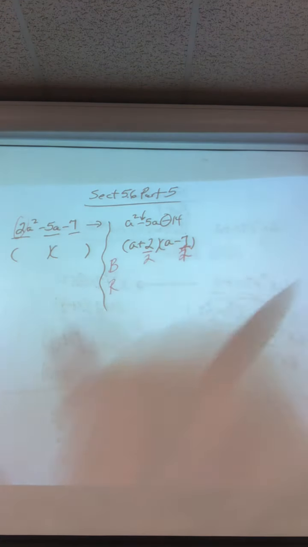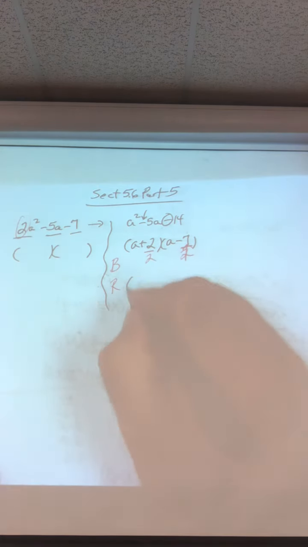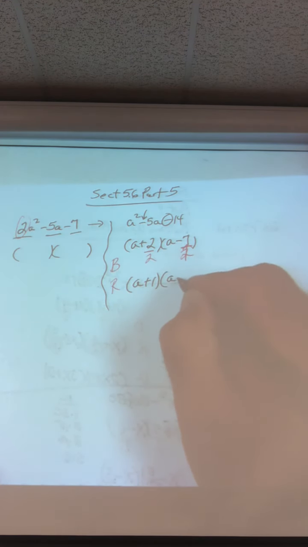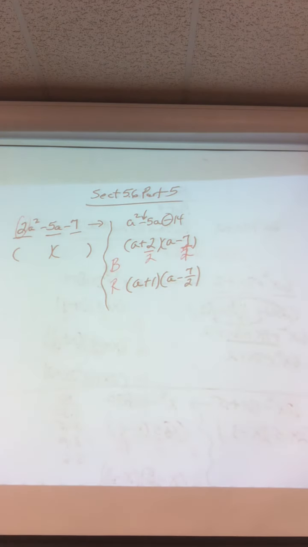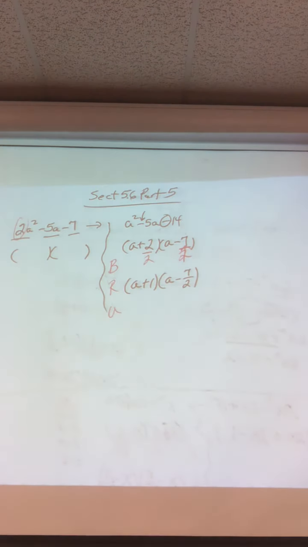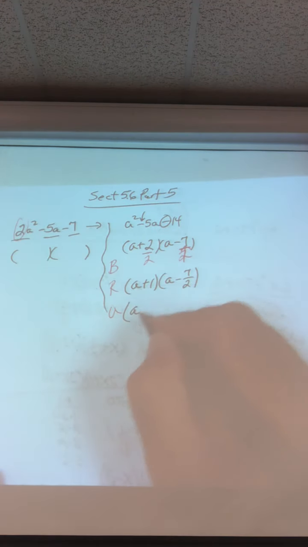R stands for reduce. 2 over 2 reduces to 1. 7 over 2 does not reduce. And then the last letter, U, stands for up. If you still have a fraction, we don't right here. You do, but the bottom number is 1.